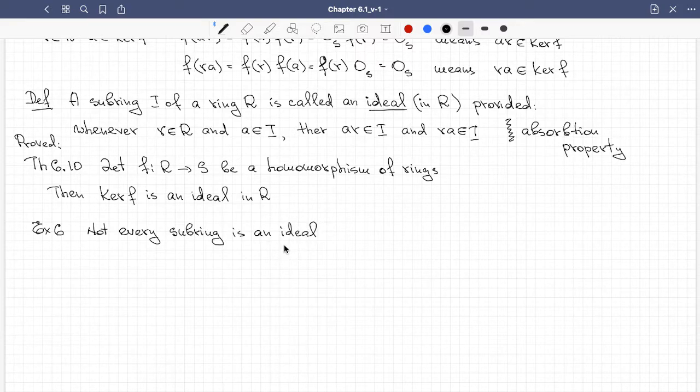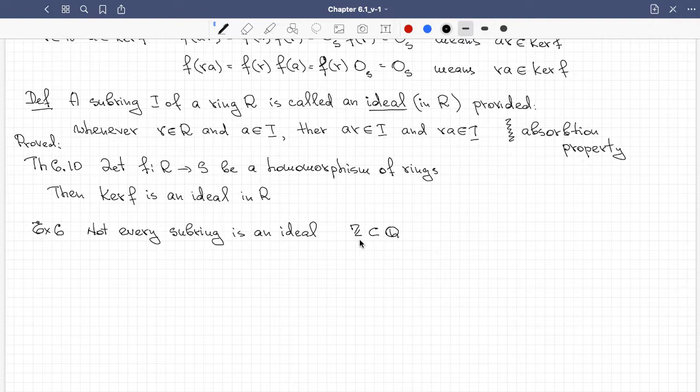As an example, they provide us with a subring Z as a subring of Q, integers as a subring of rational numbers.